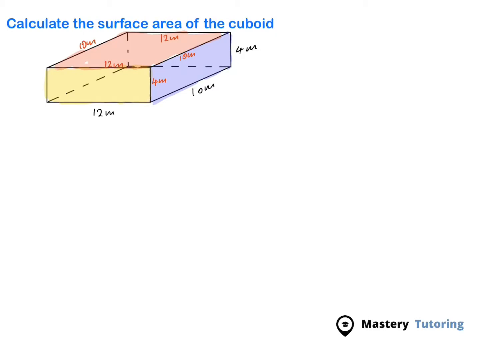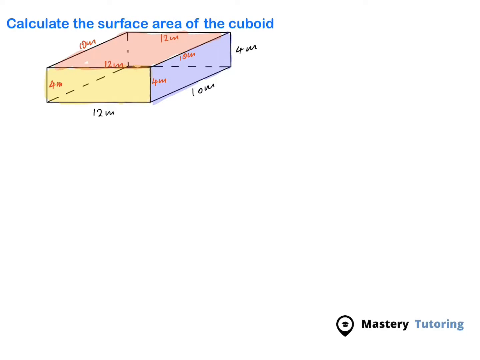So all the vertical lines are going to be 4 meters. Same thing goes with that line. The dashed line in there, going from the bottom to the top, is going to be 4 meters. And then this one to that is going to be 10 meters because it's parallel to this one, and this one and that one are going to be 10 meters.